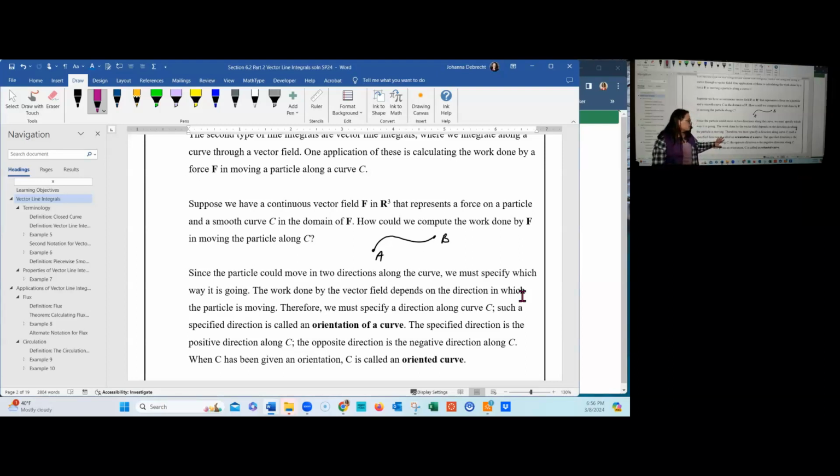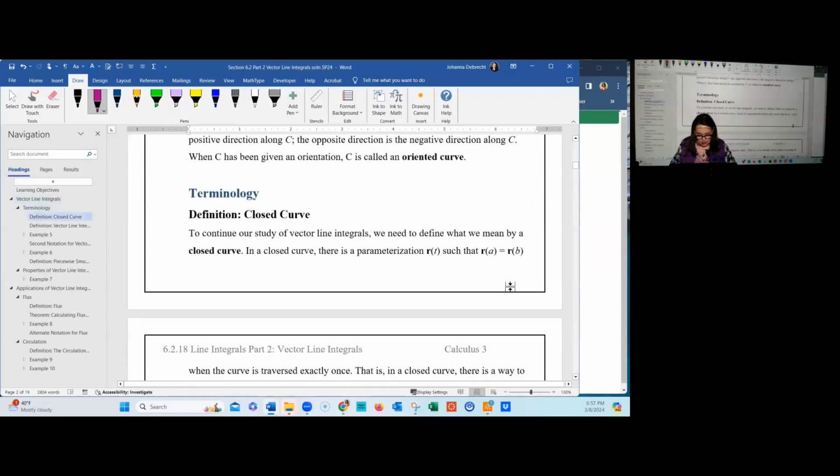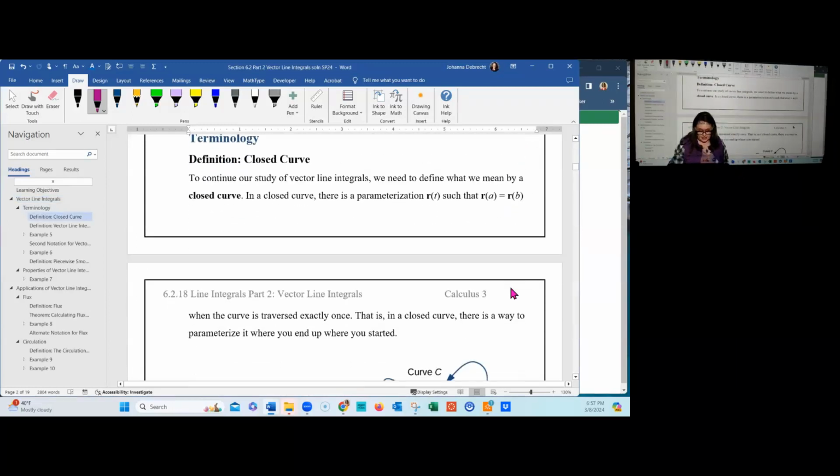For now, we'll simply call it an oriented curve if there's a direction to it. For example, this becomes an oriented curve that flows from A towards B when I add the orientation arrows onto it. Let's think about how we can actually make this more precise.